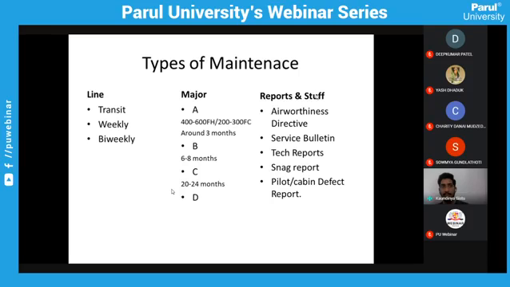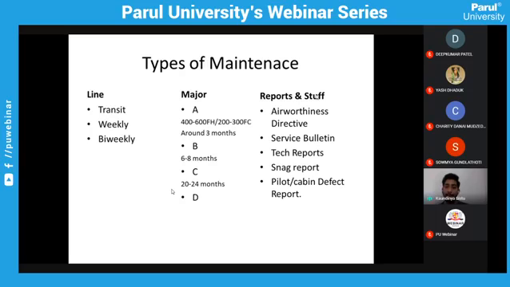So he will note down, for example, I am increasing the temperature of the cabin, but it is not increasing. Or there is an oil leak. Oil pressure is rapidly dropping when I am running the air conditioning system or APU, or the APU is not starting properly, or fuel valves are not opening, or anything of that kind. The pilot records that. That is called the pilot defect report.